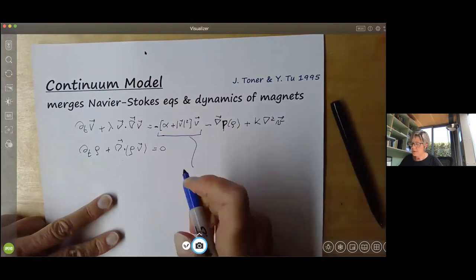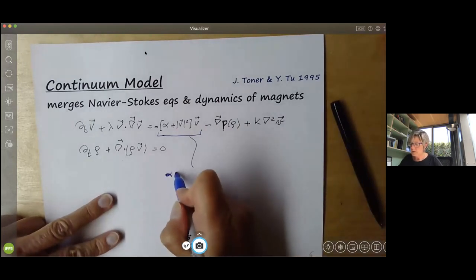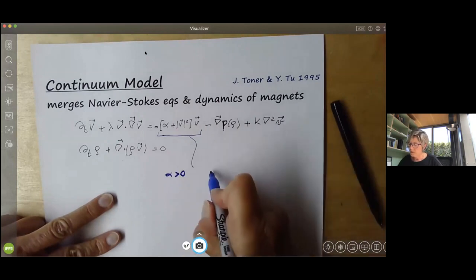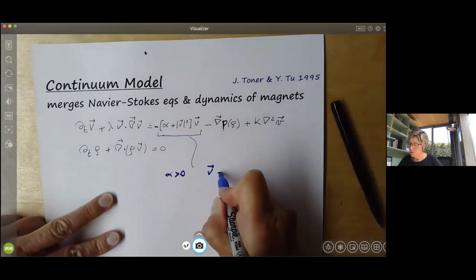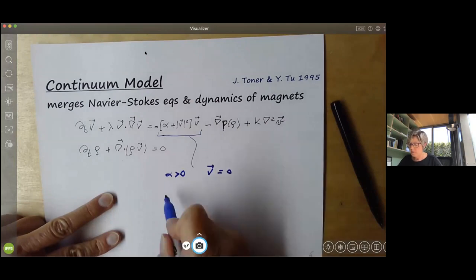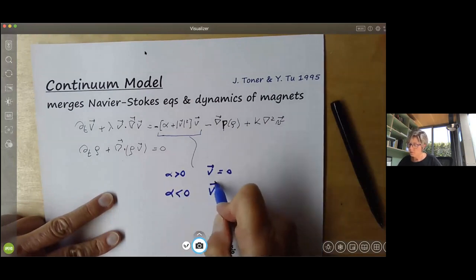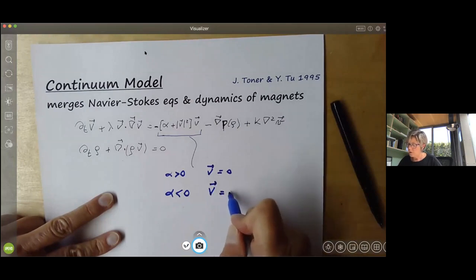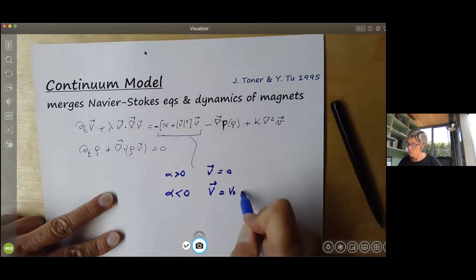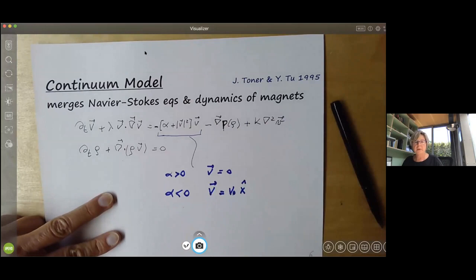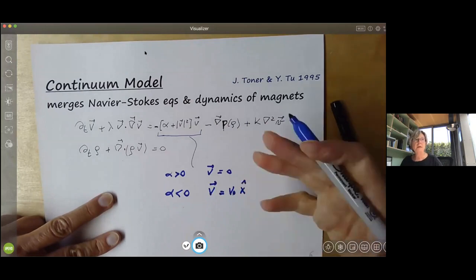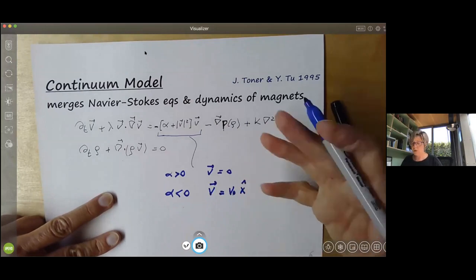And what we find is that if the coefficient alpha is positive, then the only steady state homogeneous solution is one of zero velocity. But if this coefficient alpha becomes negative, there is a steady state homogeneous solution, which I will call magnitude V naught, and some direction, let's call it X, which is picked spontaneously, because this is a spontaneously broken symmetry of the system.